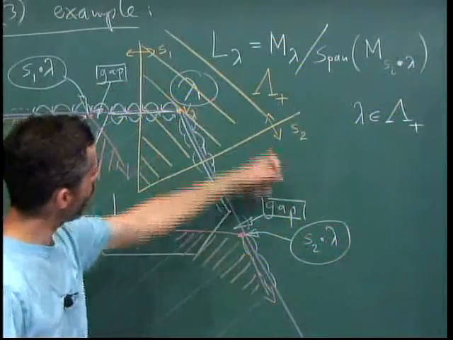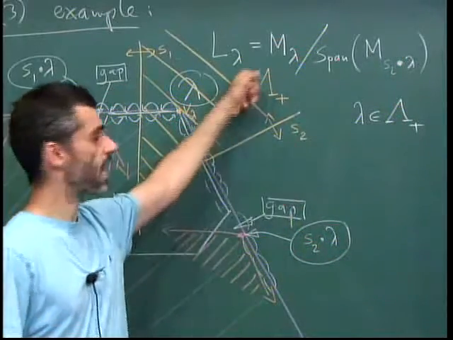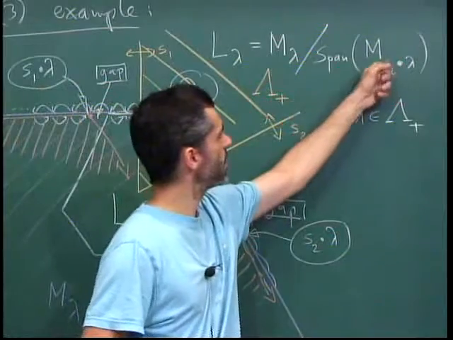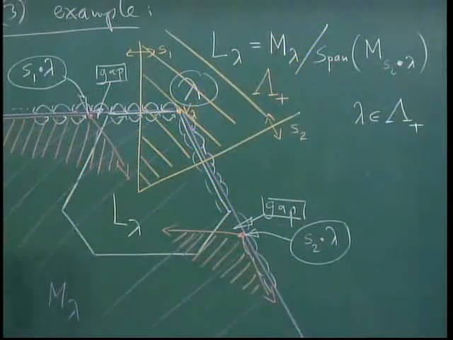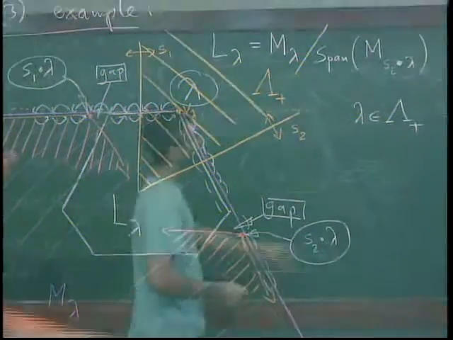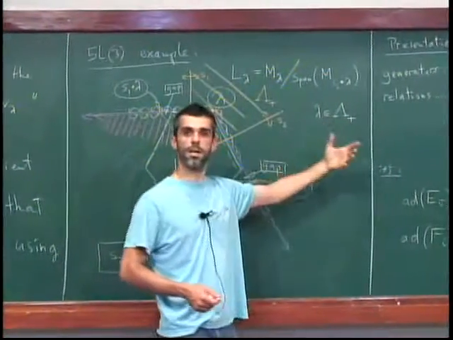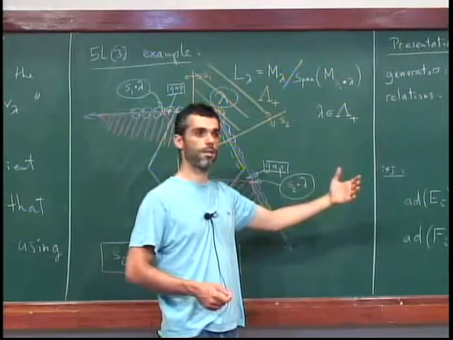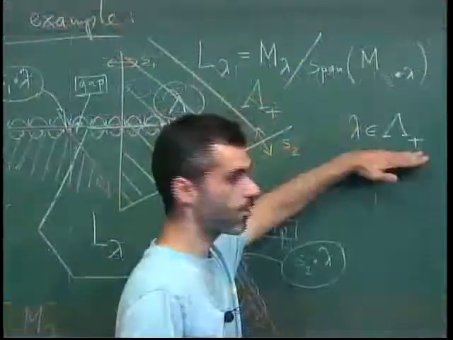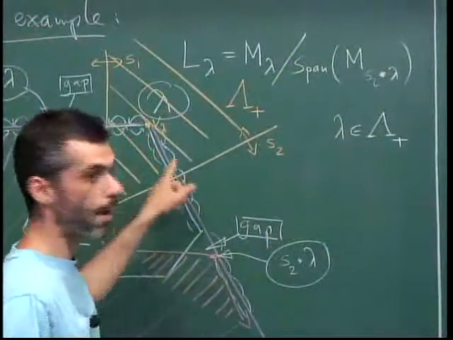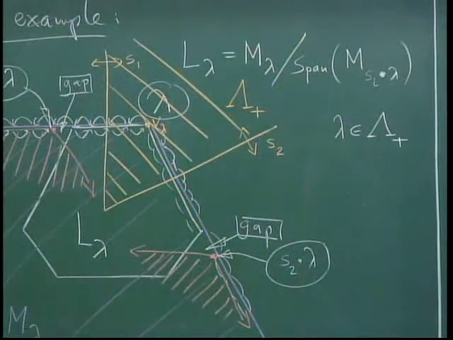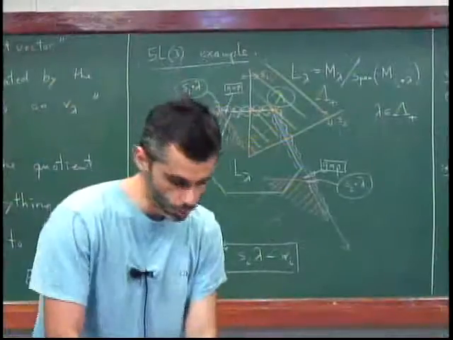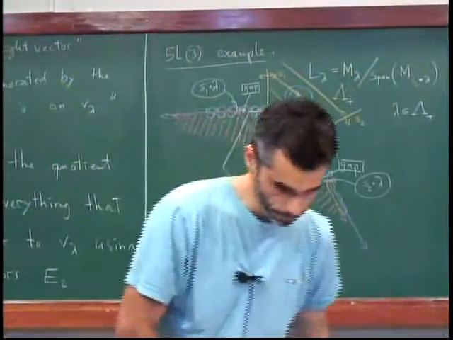If I'm on the other side, applying that operation brings me higher up, and then it doesn't work. And this isn't even a submodule of that. So you want to restrict to so-called positive weights. A synonym terminology is dominant weight. So you take lambda to be a dominant weight, meaning in lambda plus, and then do that construction. And then there's a theorem that says that you get all finite dimensional modules that way.